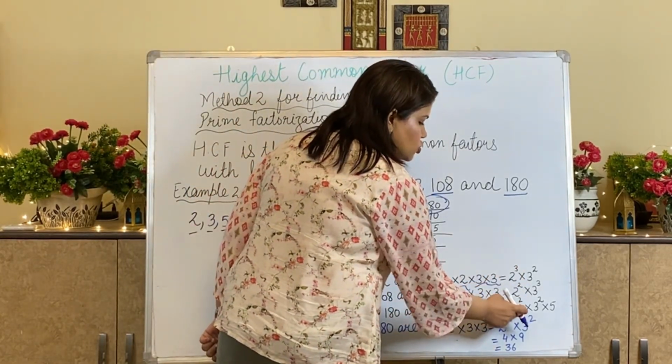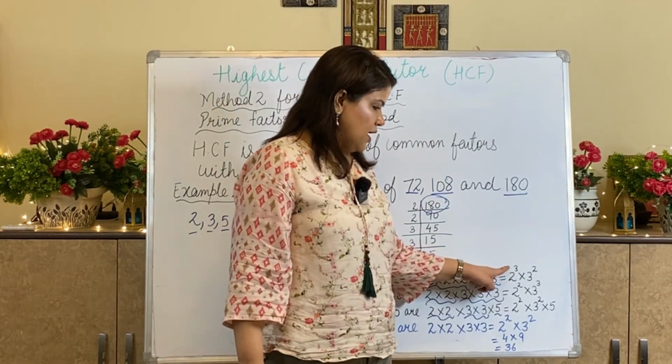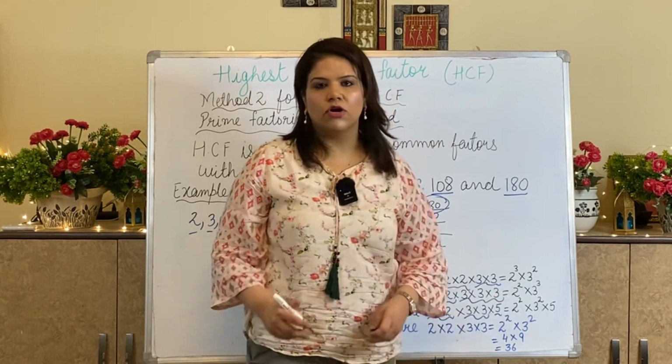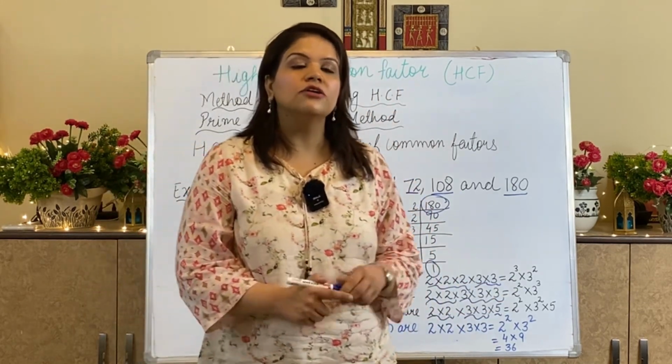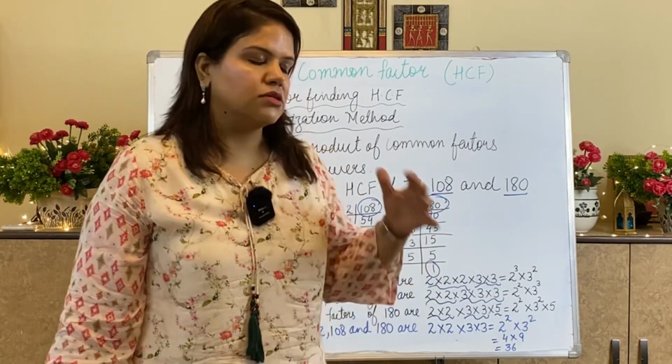Now you can see 2 is a common factor. Now with which power does it appear? Here it has a power of 3. In these 2 it has a power of 2. Why am I taking 2 raised to power 2 as a common factor, not 3?